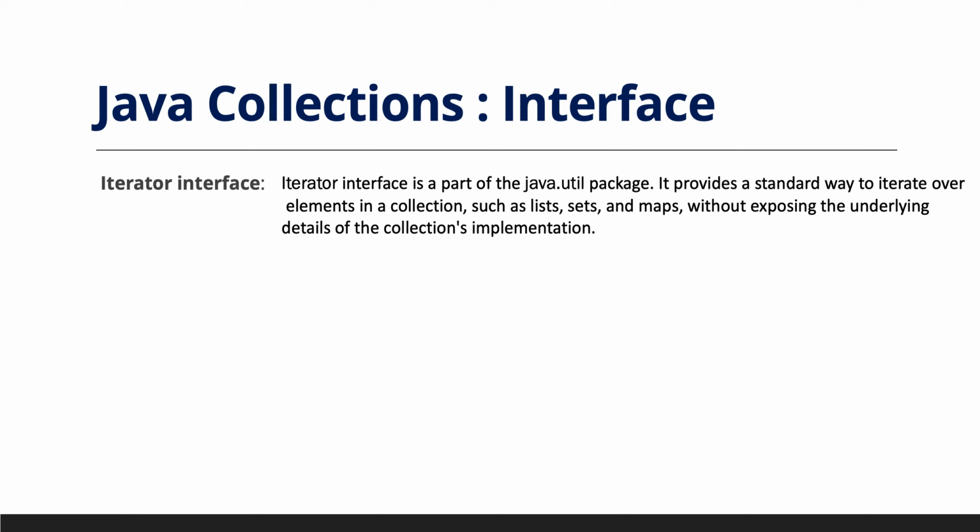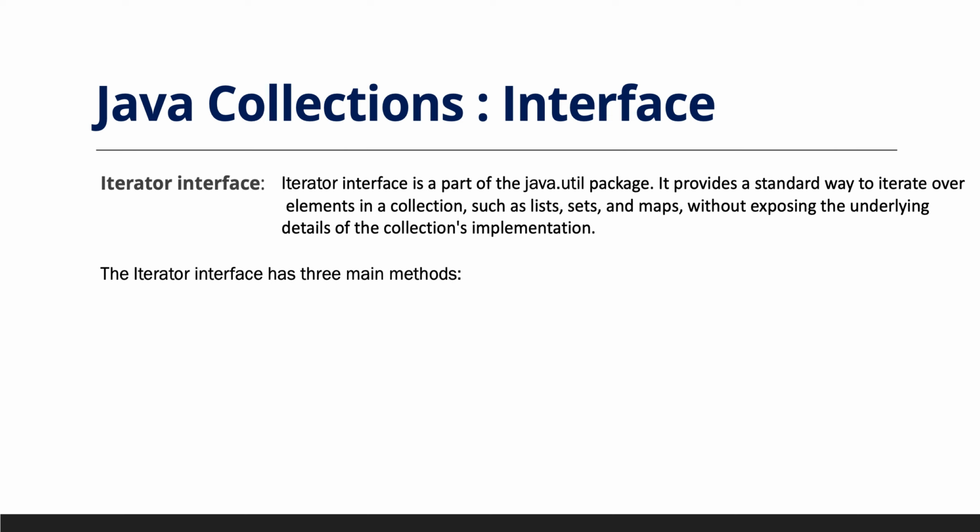So what is the advantage of using this Iterator interface instead of going for the for-each? Basically it iterates over the elements inside the collection without exposing the underlying details of the collection implementation, meaning how the implementation was defined inside the collection. Without worrying about the implementation, it provides its own built-in methods. That's why it is available inside the utility package. It provides some utility methods by which we can simply check and iterate.